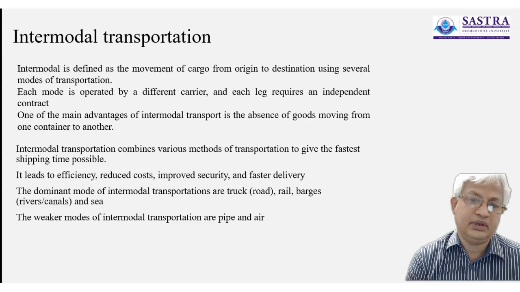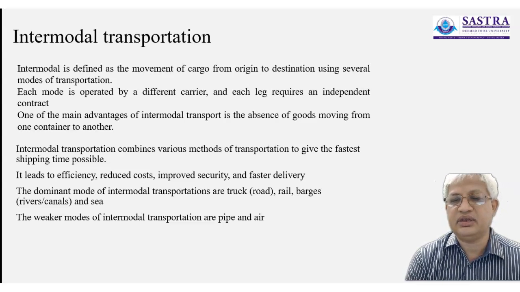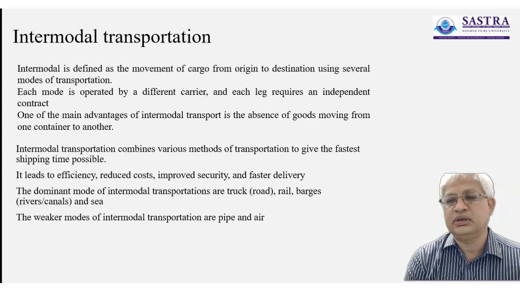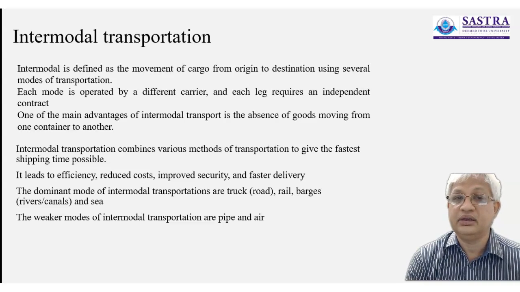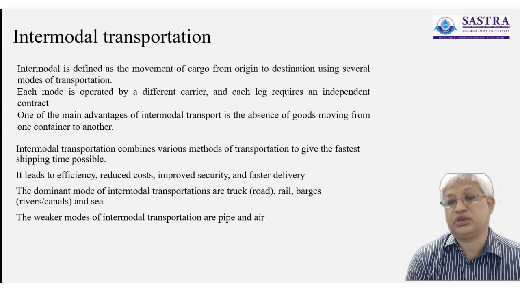Well, if a customer is in a landlocked country and he calls up his supplier in another country and says, I want the goods in my country, then there is a possibility that the supplier has to use intermodal transportation.